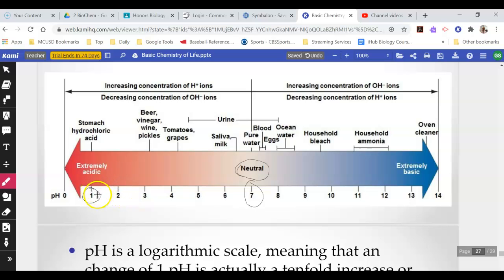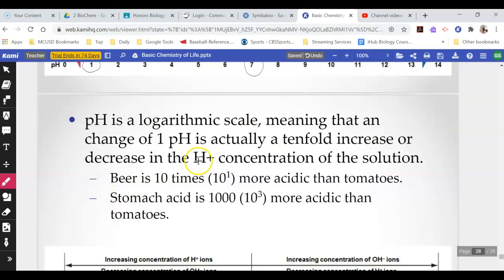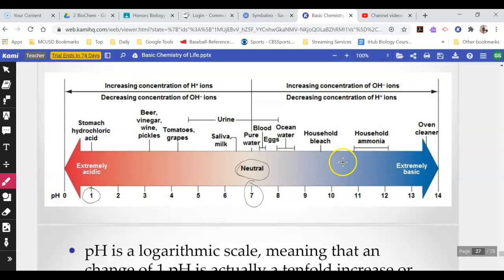But when you go from 1 to 1.1, you're actually talking about a power of 10. So you're actually increasing it by 10. So that's something to keep in mind. So even small differences could make a big difference in you becoming harmed or not.